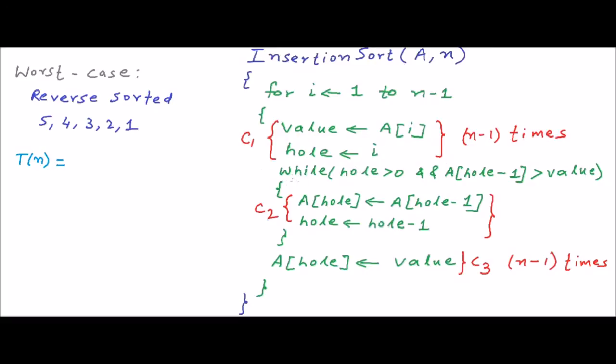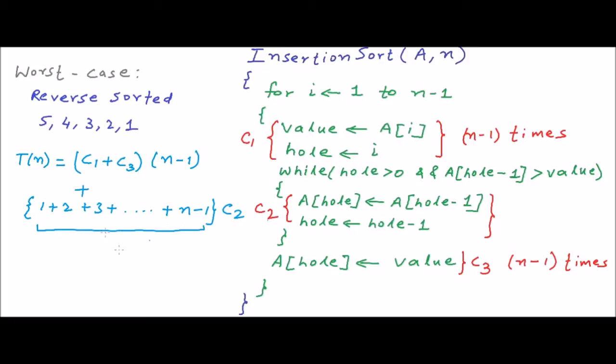So overall cost will be something like c1 plus c3 into n-1, and 1 plus 2 plus 3 plus all the way till n-1 times c2. And if we will evaluate this arithmetic progression, we will get n into n-1 by 2.